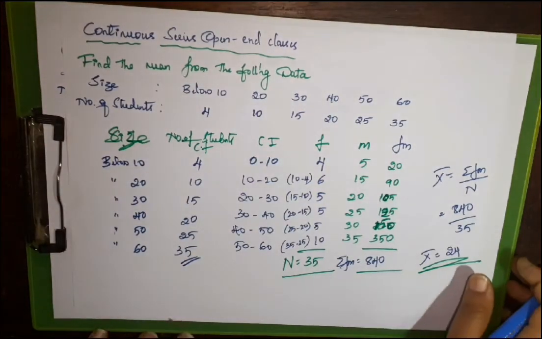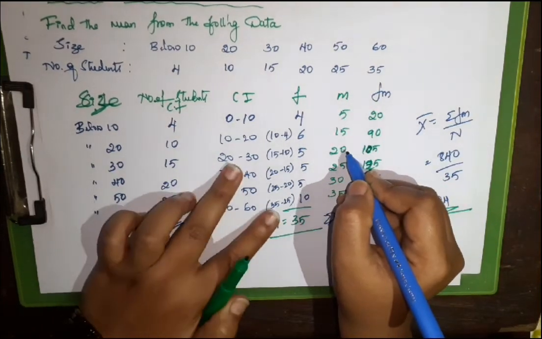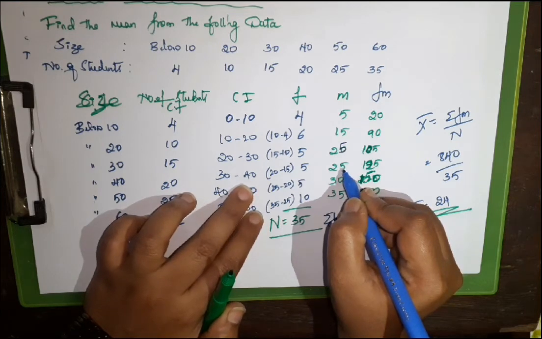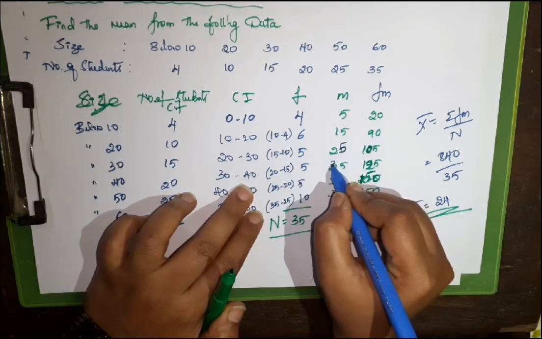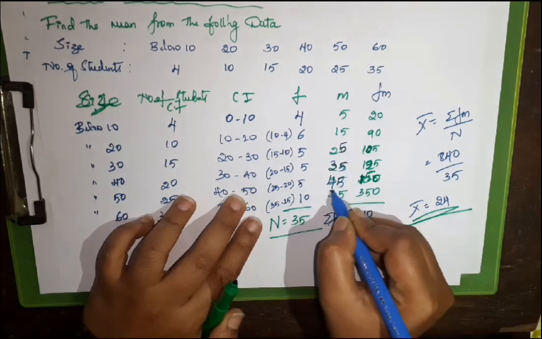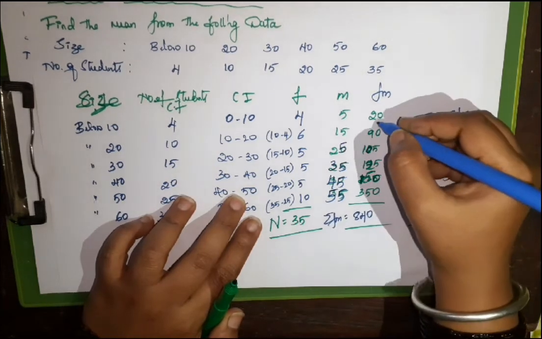Look at the sum. Mid value, I made a mistake here. So 20 plus 30 is 25. 30 plus 40 is equal to 70, it will become 35. And this is 45. And the last value is 55. Okay, so our FM will change.